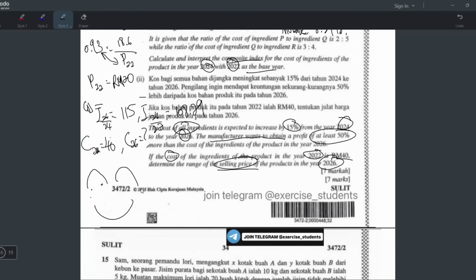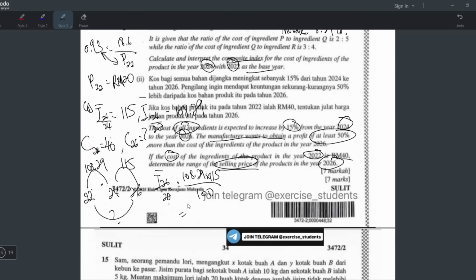Okay, so the way to do it is to write the year here. Start with the earliest year, 22, followed by 24, followed by 26. And then 115 is 2624, so sini lah. And then 108.29 is 2422, so sini lah. And this is what I want. So the composite index for 2622, the formula is always atas darab atas bahagi 100. 108.29 times 115 divide 100. So press this.